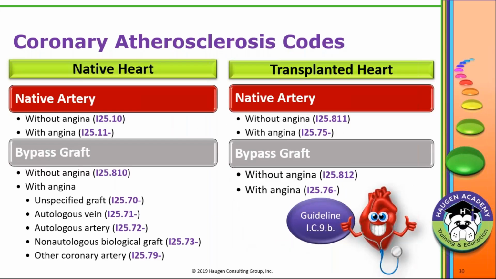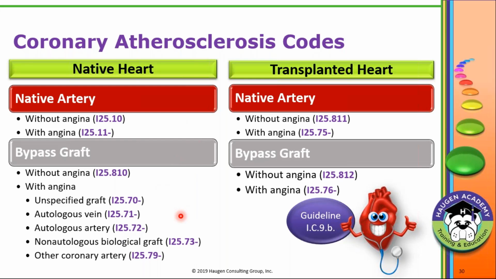So your CAD codes take up several pages in the code book, and I think they're confusing if you just look at it. So I tried to put this in a format that's easier to understand. You can see that all of the codes for atherosclerosis of the native heart are on the left side, divided by native artery and bypass graft. And with bypass graft, it gets pretty specific.